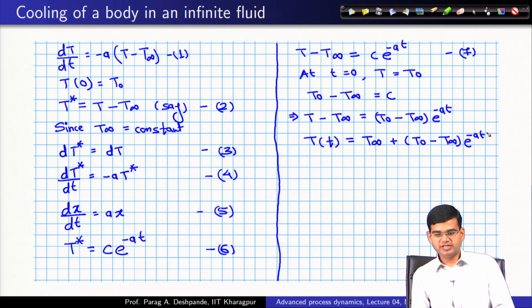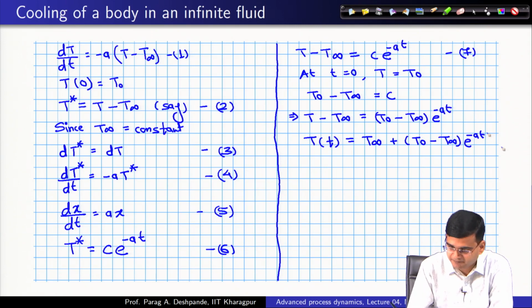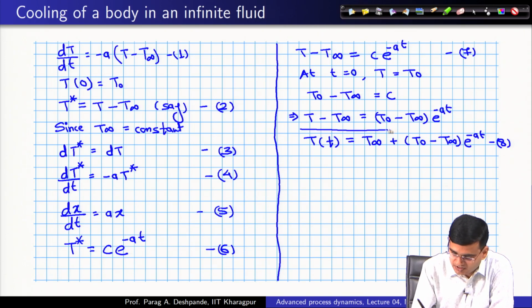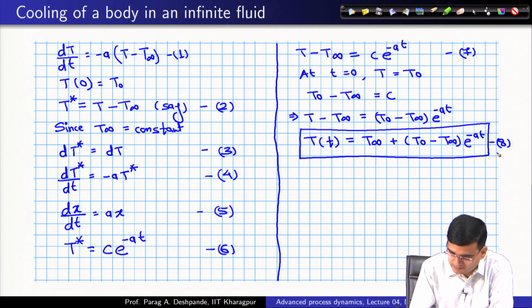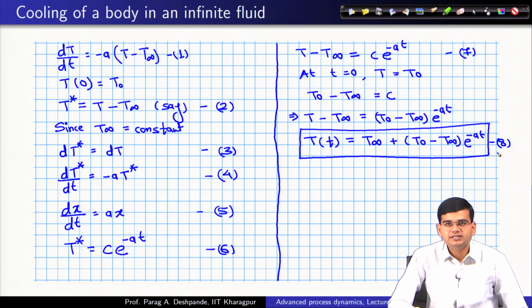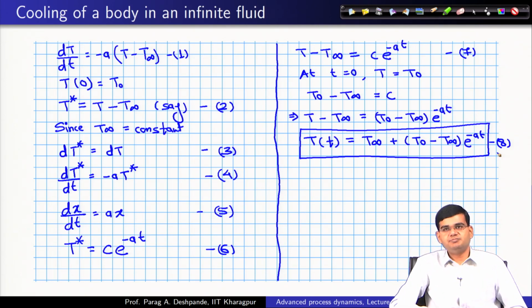Okay. So, the exponential has minus of a t. So, this is my final solution to the model equation. Okay. And this now puts me in a position to draw the phase portraits for the system.